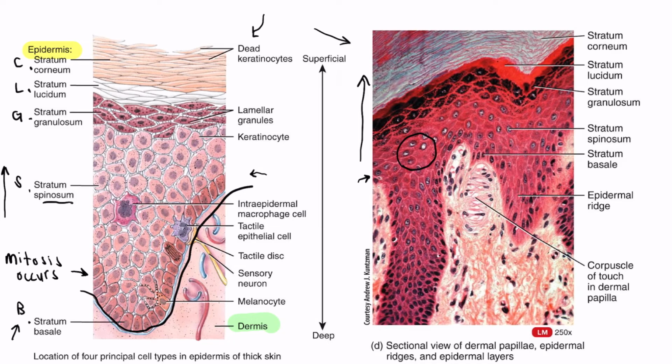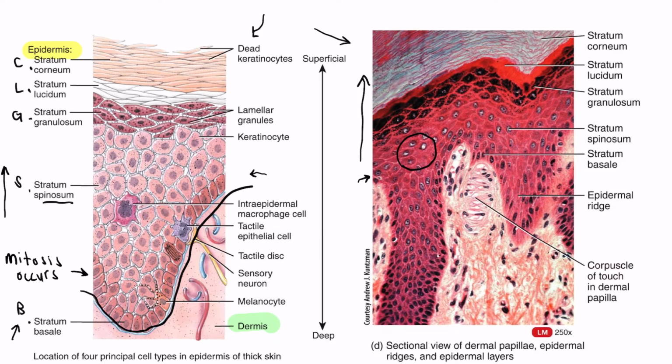And the stratum spinosum is called that because the cells start to look a little spinier. They're going from a cuboidal shape, and maybe they're losing a little bit of the cytoplasm inside. They start to look a little more rigid. There may be a little bit of mitosis occurring here, but not nearly as much as stratum basale.